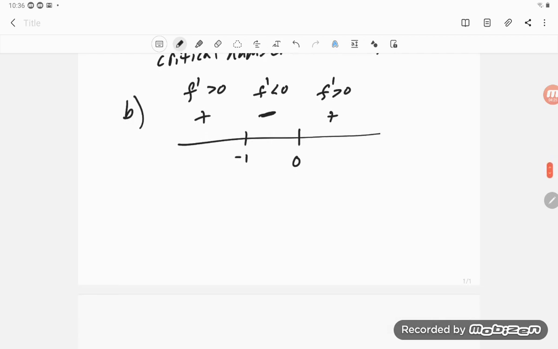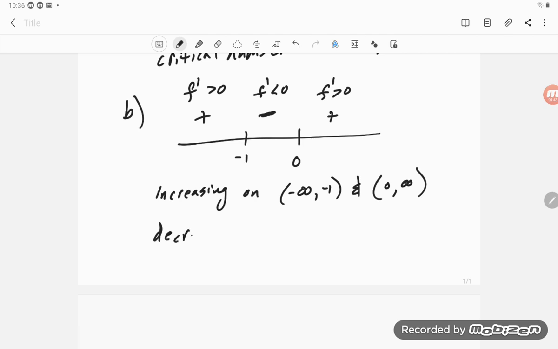So my intervals: increasing on minus infinity to negative 1 and 0 to infinity, and decreasing on the interval negative 1 to 0.